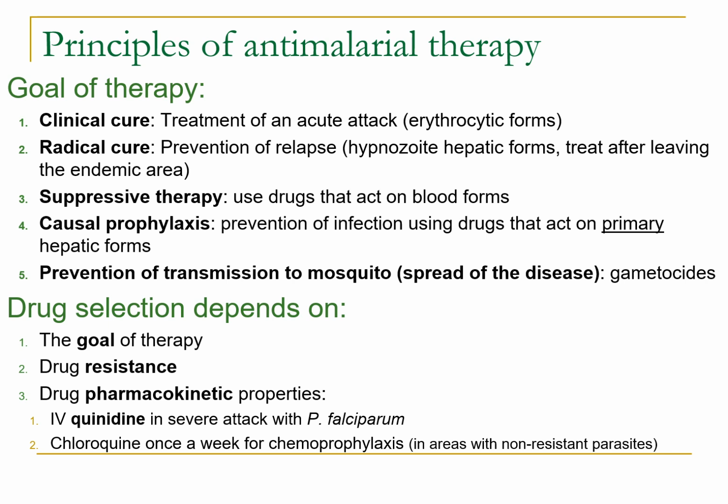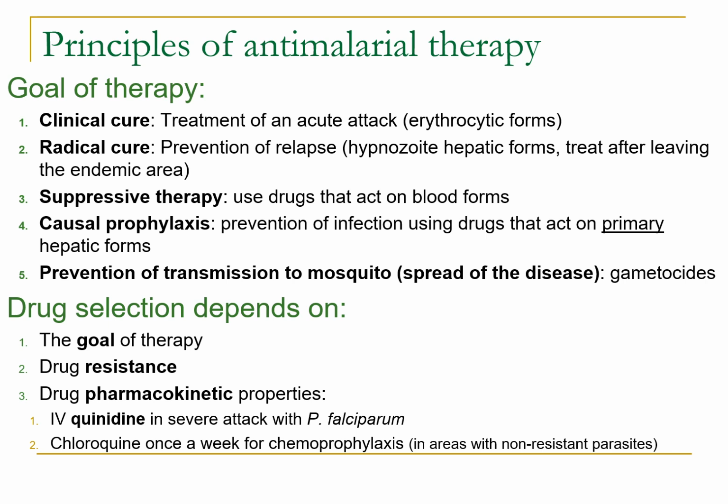Chemoprophylaxis is when, for instance, we are planning to travel for a short while to an endemic area. There are several protocols depending on the resistance and depending on the patient, and we may take drugs before, during, and after so that we prevent infection, hopefully. This is not causal prophylaxis. Causal prophylaxis is defined as prevention of infection using drugs that act on the primary hepatic form. I want to really tackle the primary hepatic form.